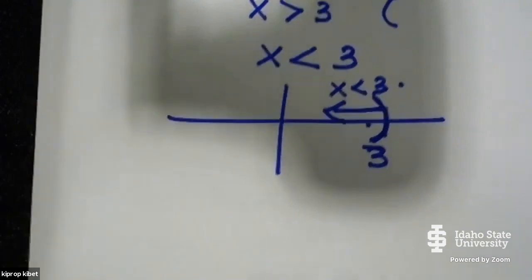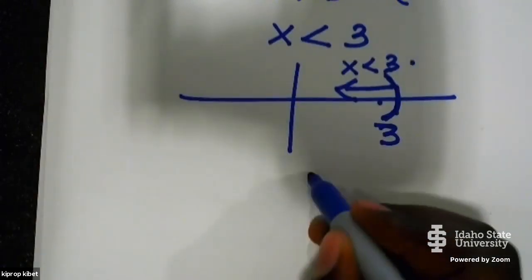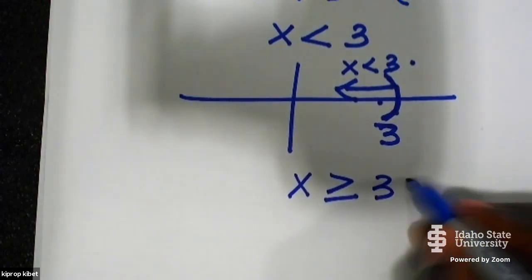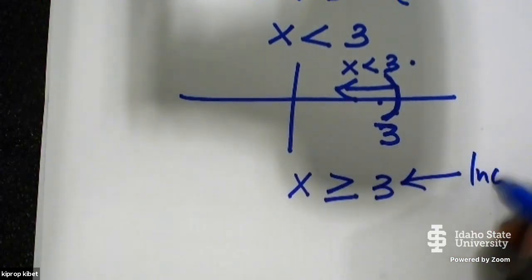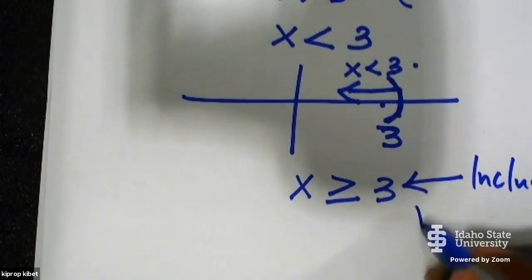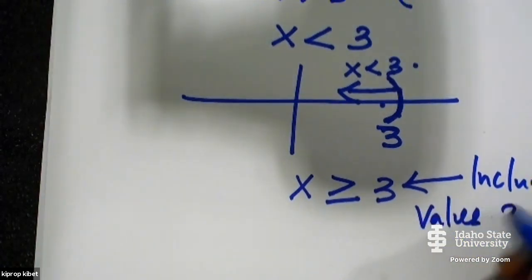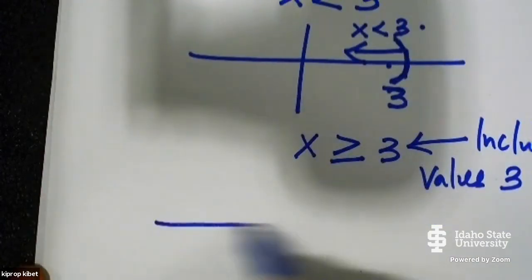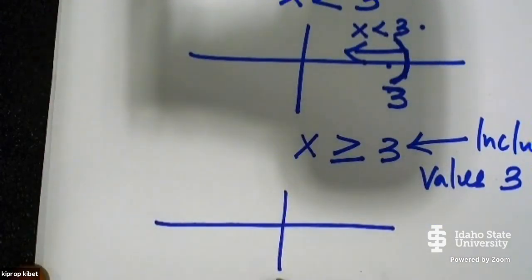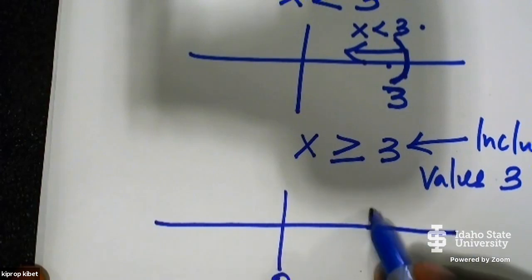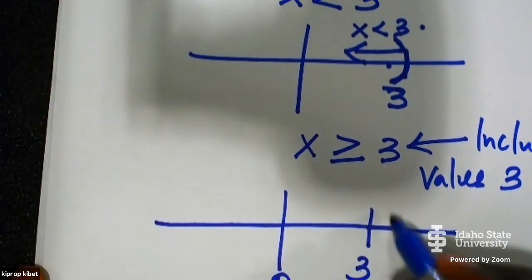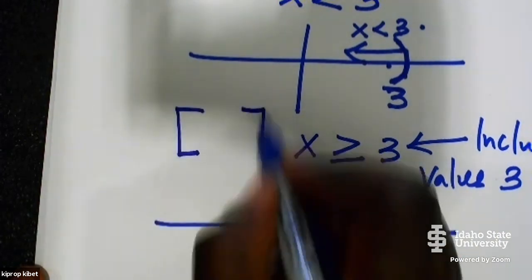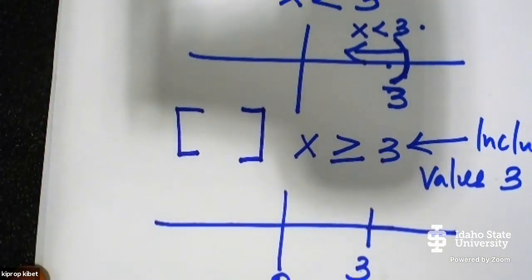All right. So when it comes to now x greater or equals to 3, this is where we include the value of 3. So here you draw it like this, okay, 0, and then this one is 3, and then we use this. We either use this or we use that one, okay.